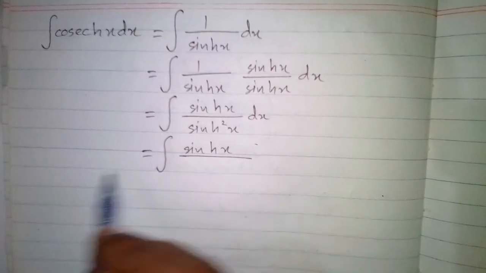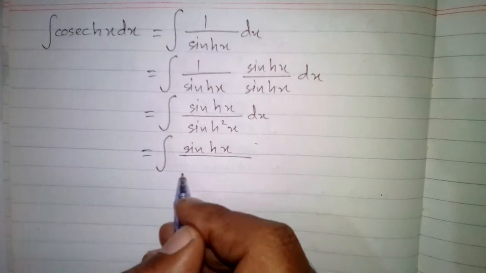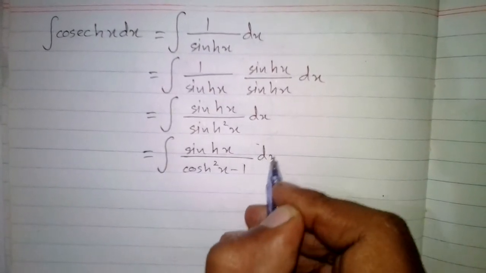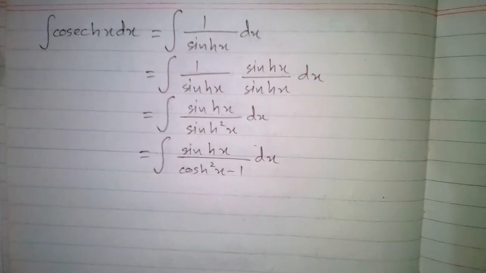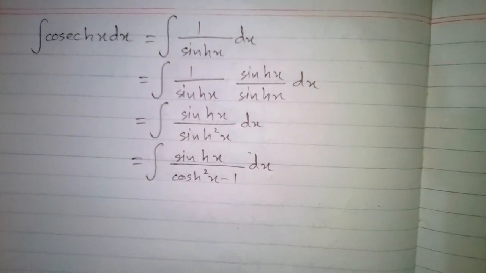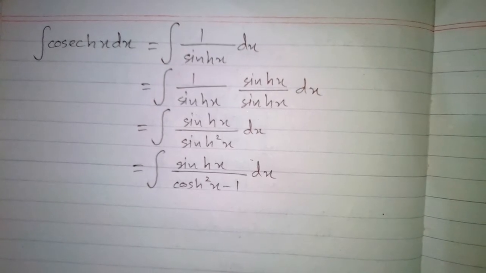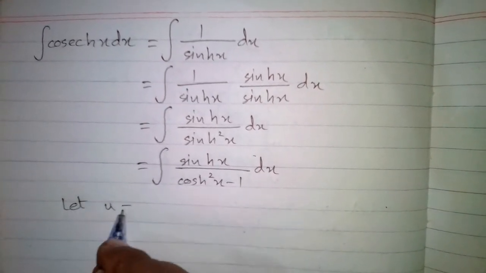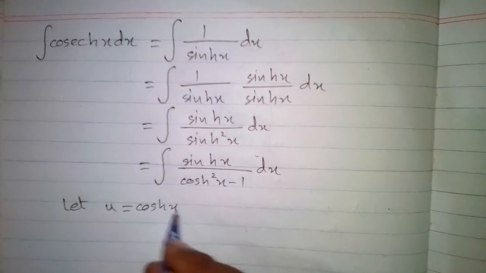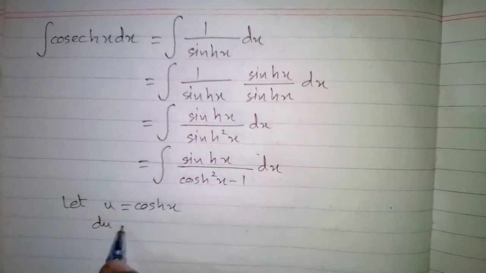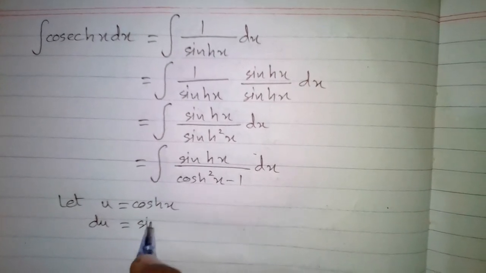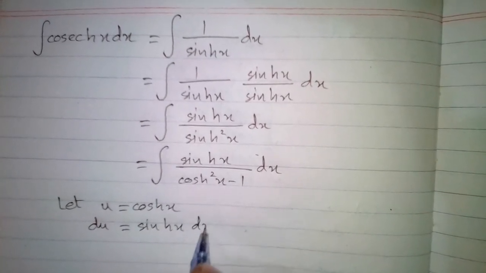Since hyperbolic sine square of x is equal to hyperbolic cos square of x minus 1, so we have integral of hyperbolic sine of x upon hyperbolic cos square of x minus 1. Now let u is equal to hyperbolic cos of x. So the differential du is equal to the derivative of hyperbolic cos of x, which is hyperbolic sine of x dx.